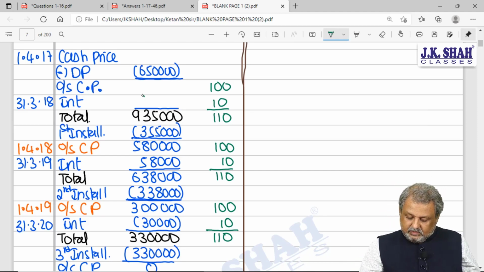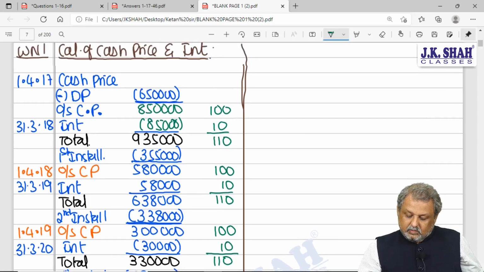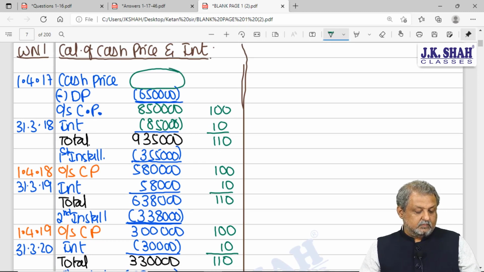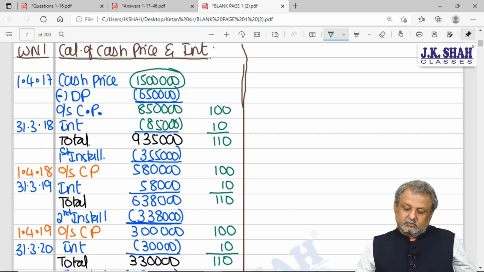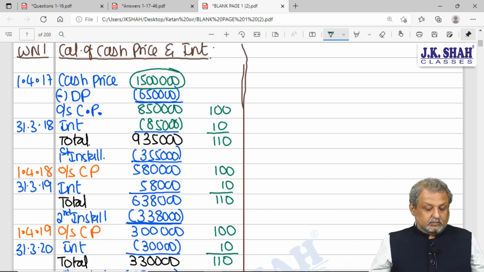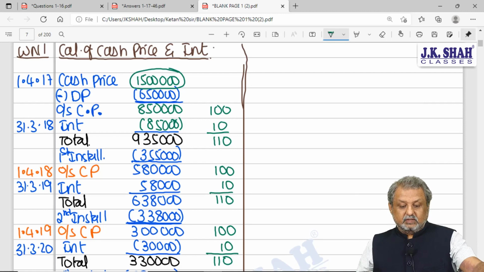Interest will be 85,000. So 8,50,000 plus 6,50,000. Your cash price will be 15 lakhs. So this is number one thing.